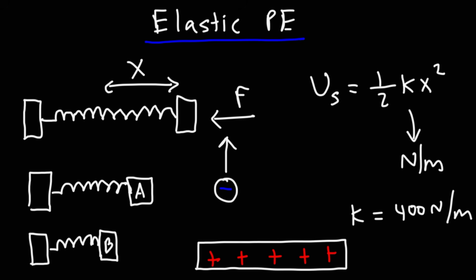We're basically storing energy into the system. The electric charge feels an electric force that wants to accelerate it towards the positively charged plate. So if we were to move the charge opposite to the direction of that electric force, we're increasing the electric potential energy of that charge. So in other words, we're storing energy in that system.